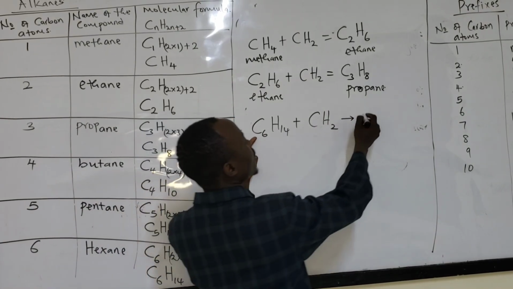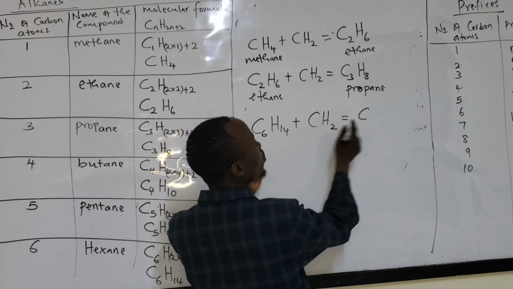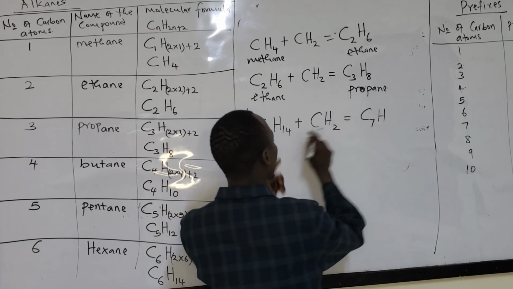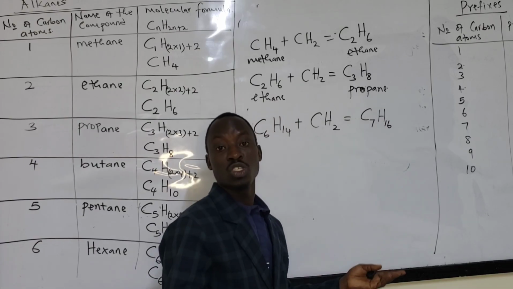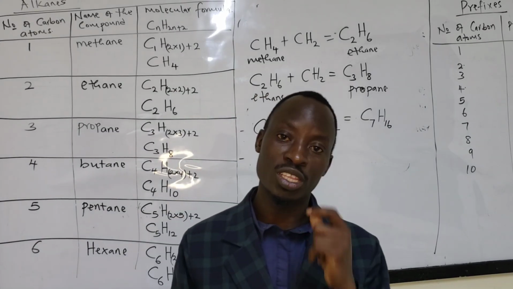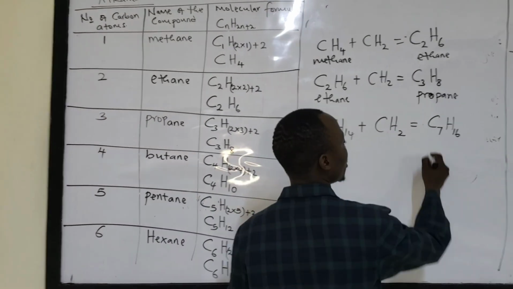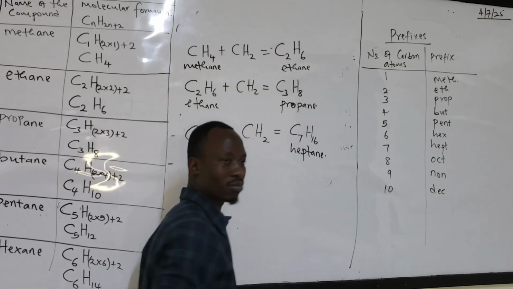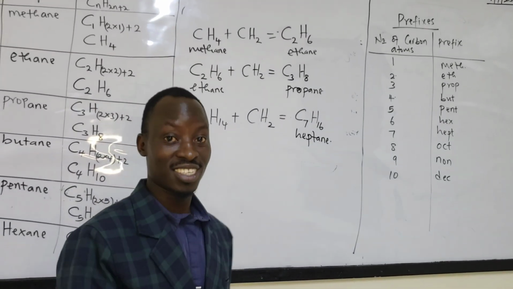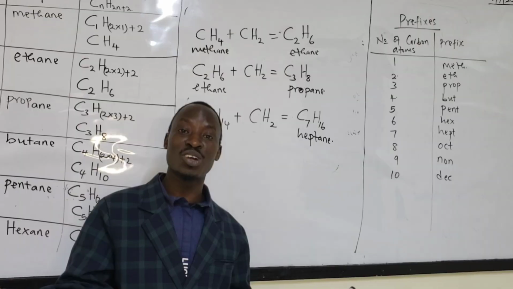We're going to have C, how many carbon atoms? 6 plus 1, that must be 7. Then H, 14 plus 2, that must be 16. You have a compound with 7 carbon atoms. And what shall this be? This will be heptane. So now you know how to make it.